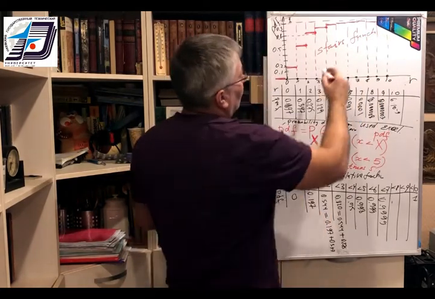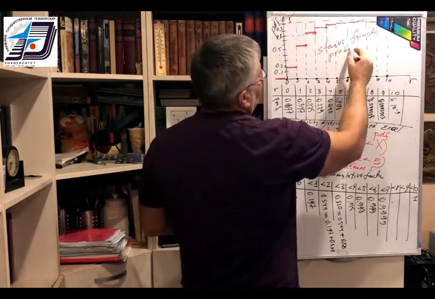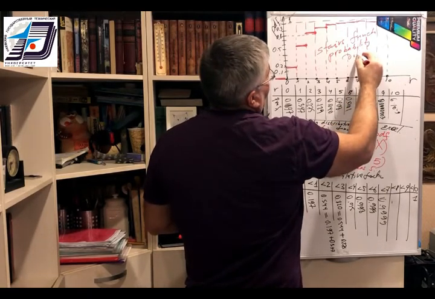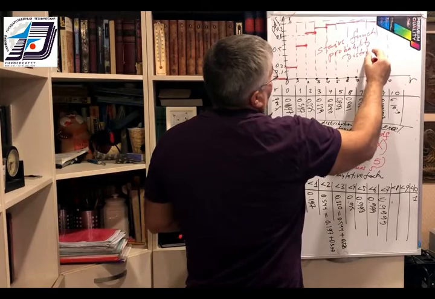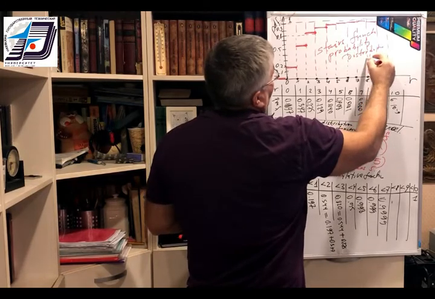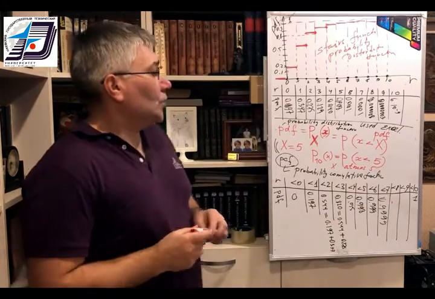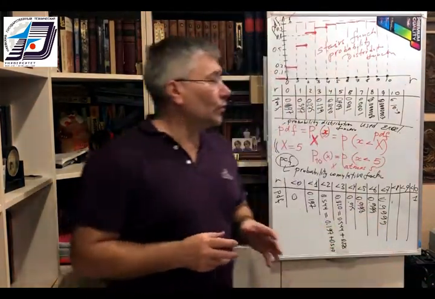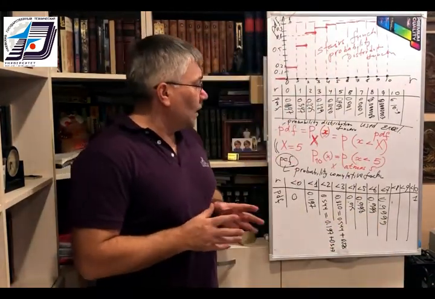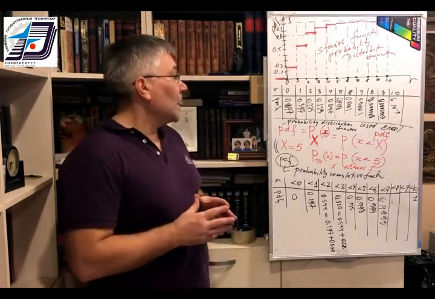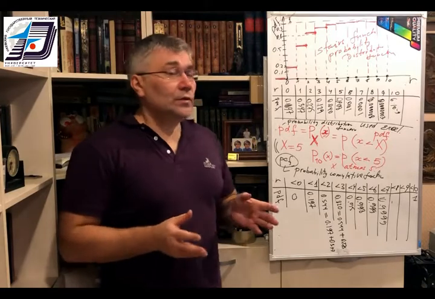It is the probability distribution function. So today I showed you the way how we can make the probability distribution function and the probability mass function for a given distribution.